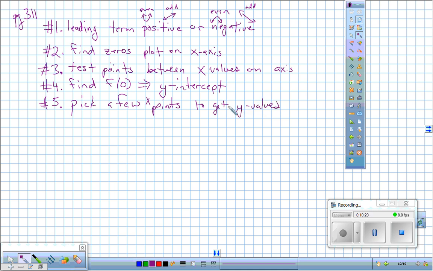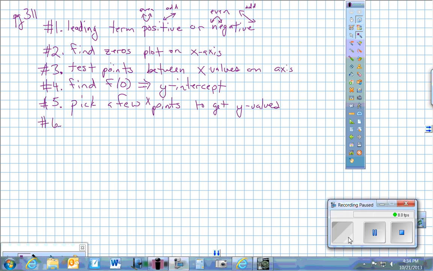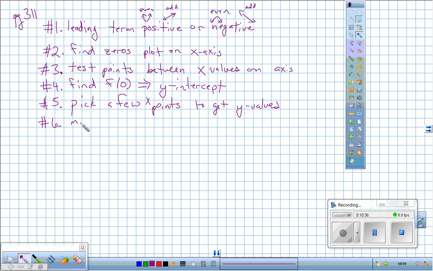And that's just to help you kind of visualize it a little bit more and to get a better graph. Your sixth step is basically make sure you don't have too many zeros, which can at most be your degree.